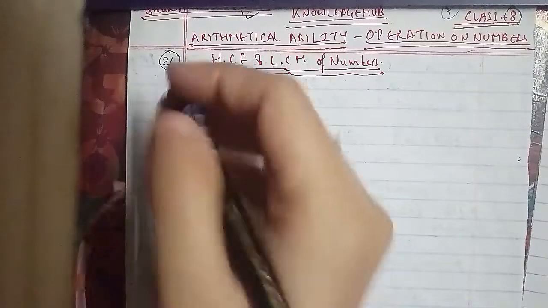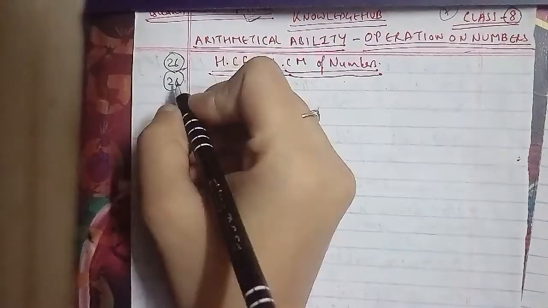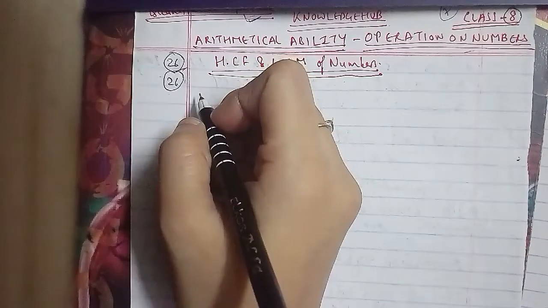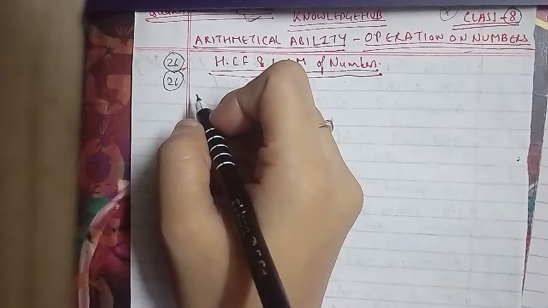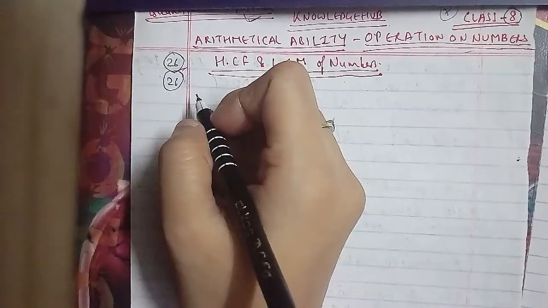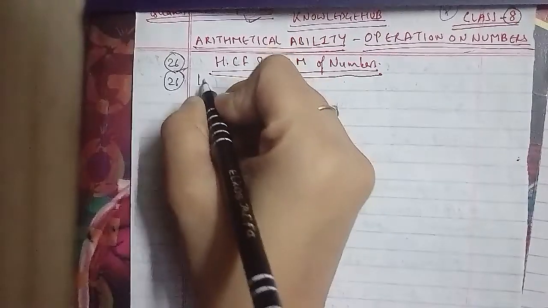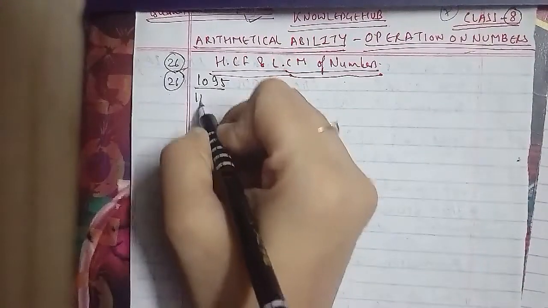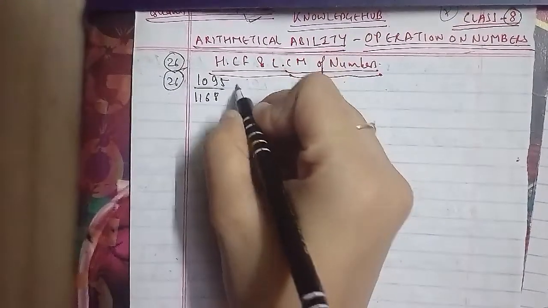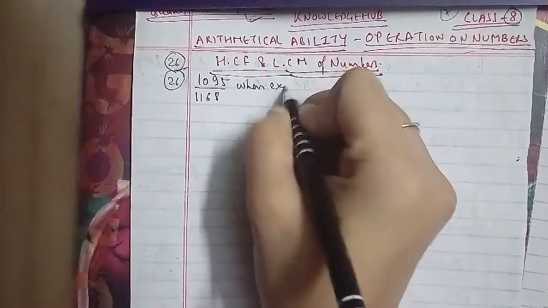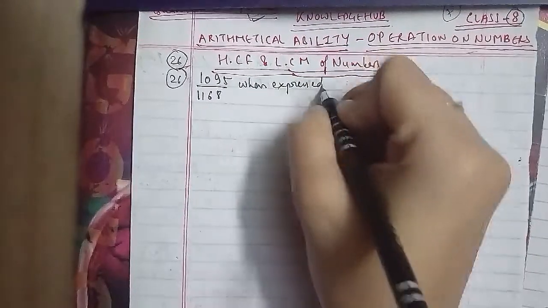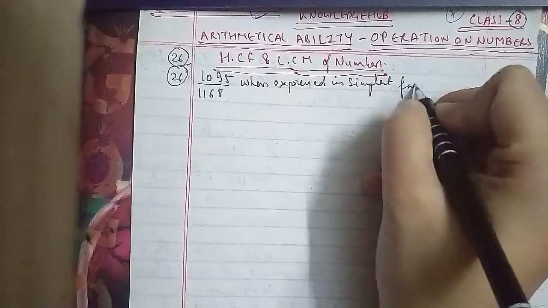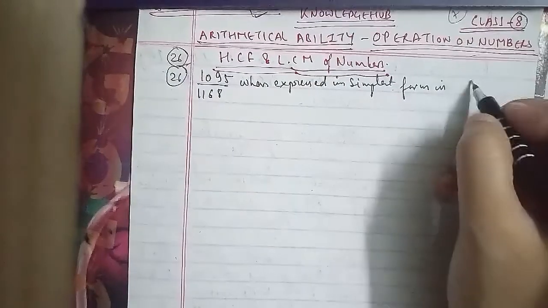We'll go ahead with the 26th question. The question is: 1095 upon 1168 when expressed in simplest form is, which has been asked in an MBA examination paper as well.